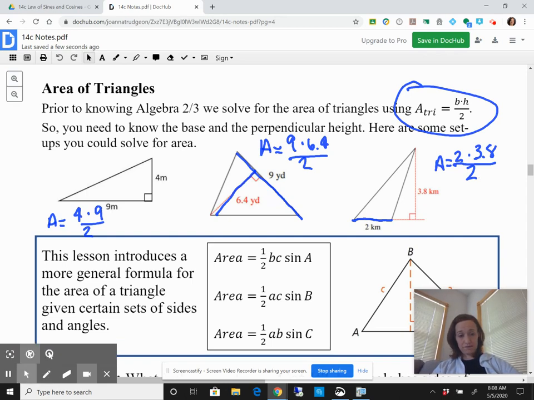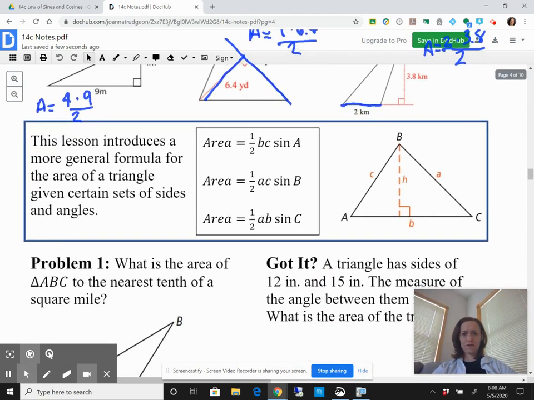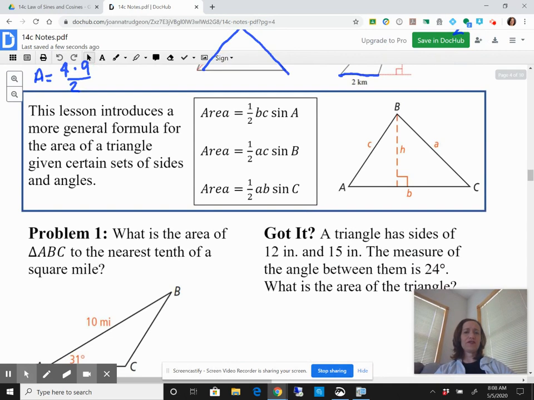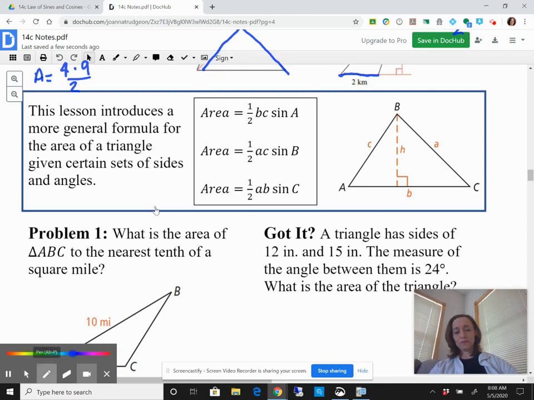All right, moving along. There's another formula that we can use for the area. And again, I'm not totally sure you got to this depending on your geometry teacher, because this is usually a bit of an extension that you do right at the end of a trig unit. But there are these other formulas. Basically any triangle you have, with sides A, B, C, and angles A, B, and C, like you see here in this picture, you can use any of these formulas, and you just set it up however it works.